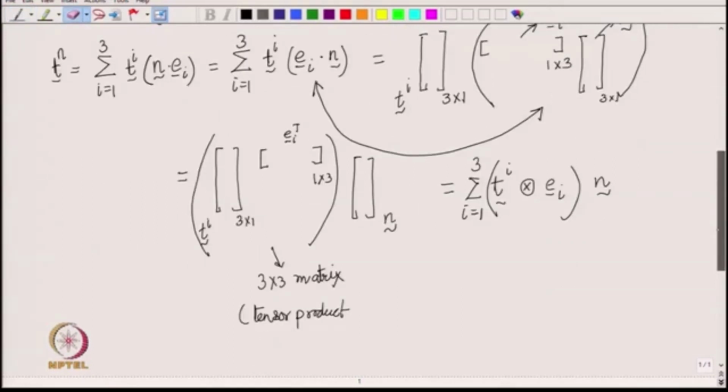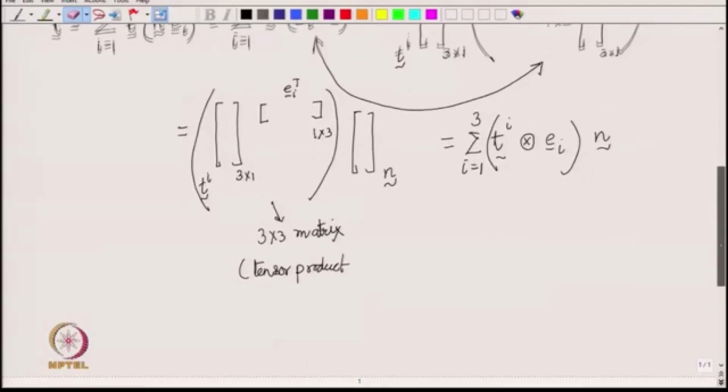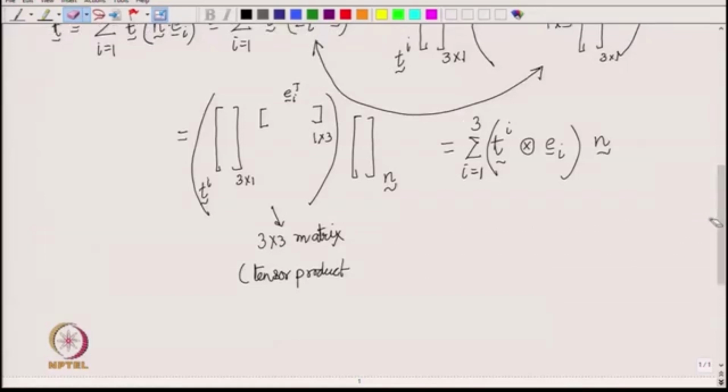So, these are two different viewpoints, but the nice thing about the final result here is that the orientation n has been separated. See, you have T_i tensor product e_i, which is together, and then you multiply with n.